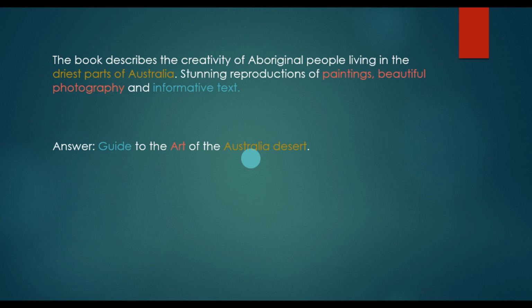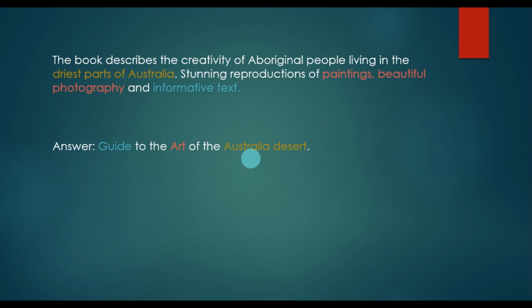In the answer form: guide to the art of the Australian desert. Guide is in the form of informative text, and art in the form of paintings, beautiful photography, and Australian desert means the driest part of Australia.